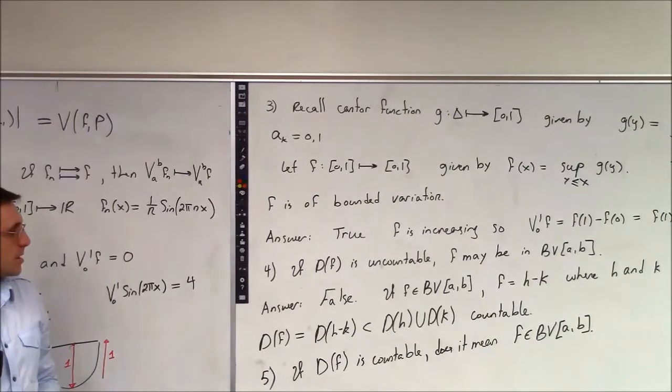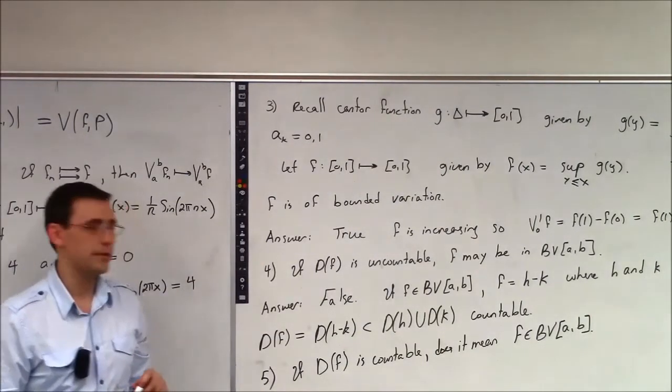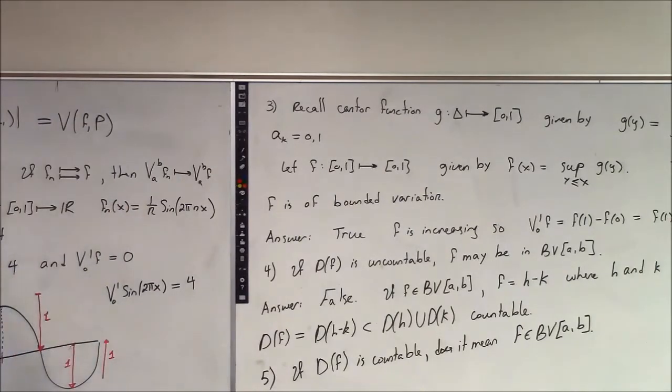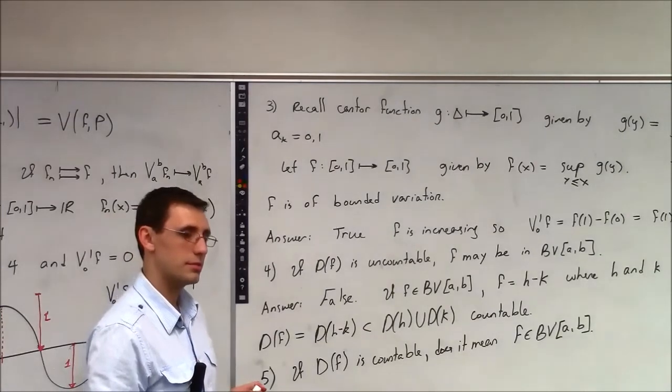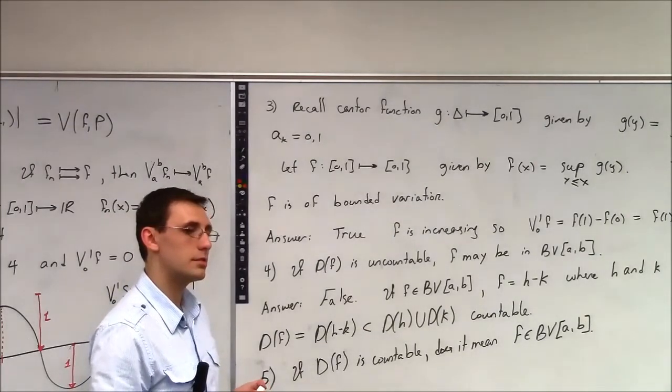Okay. What about this? Suppose I found that my function has countably many discontinuities. Is it of bounded variation? No? And notice on closed intervals. So no, why not? We had an example earlier where there were no discontinuities and it didn't have bounded variation.